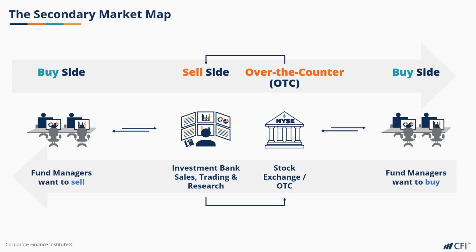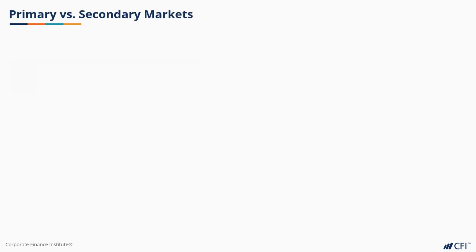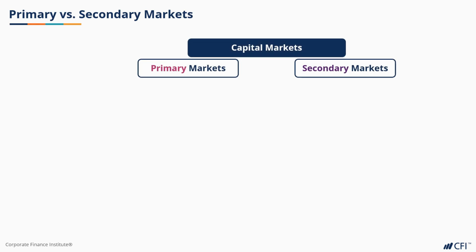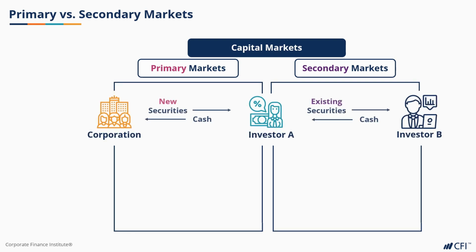Now that we have looked at primary and secondary markets individually, let's look at both markets together, comparing and contrasting the key characteristics of each market. Let's start with definition. The defining feature of primary markets is that it is the first time offering of a security, a new issue.